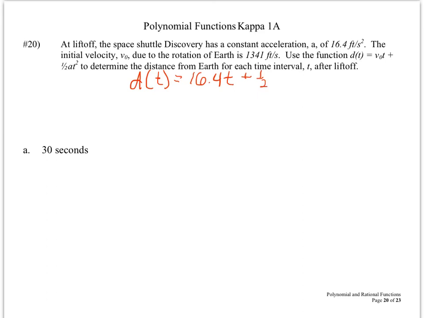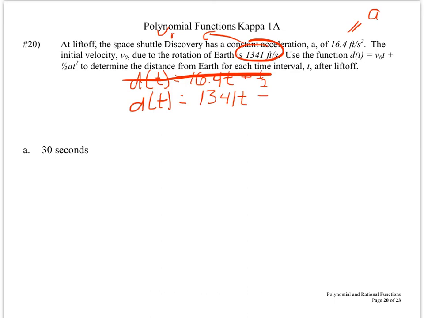That's not true. I messed that up. This here is a, and this here is v sub 0. So we get 1341, that's the initial velocity, times t, plus 1/2 the acceleration, which is 16.4, times t squared.